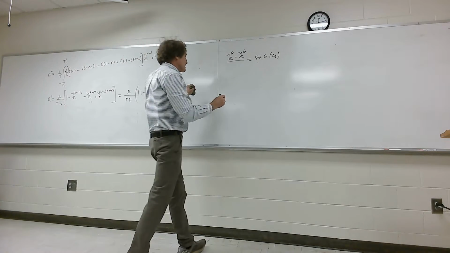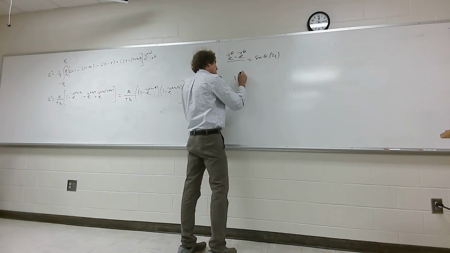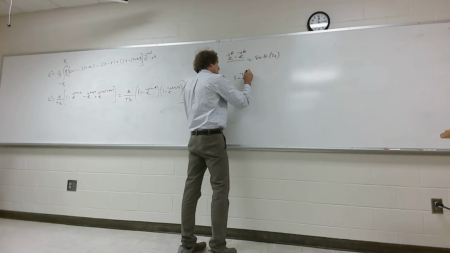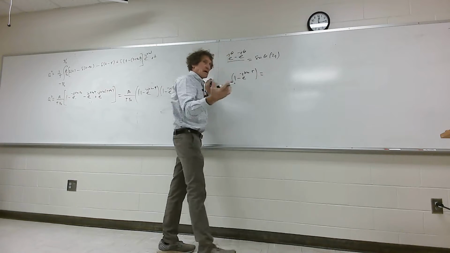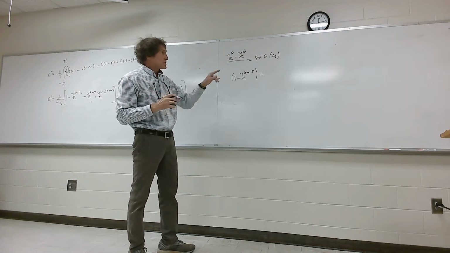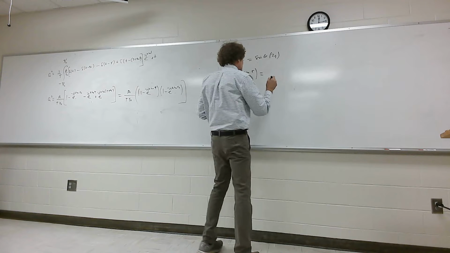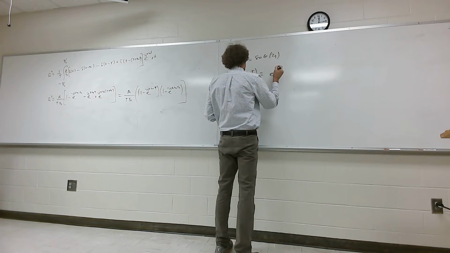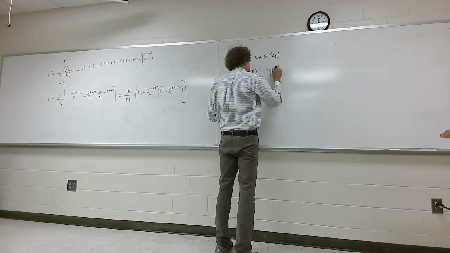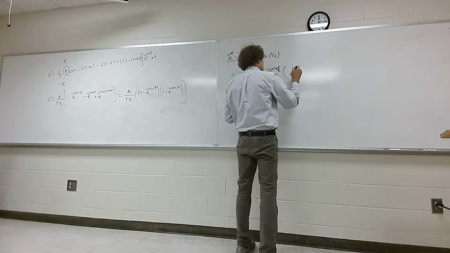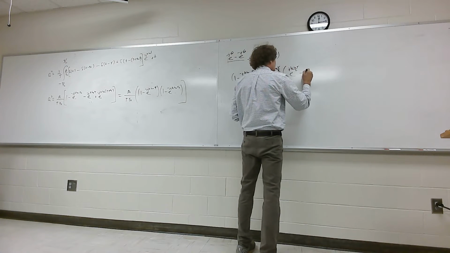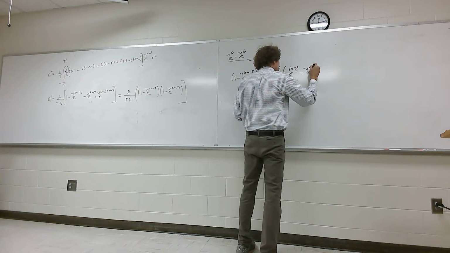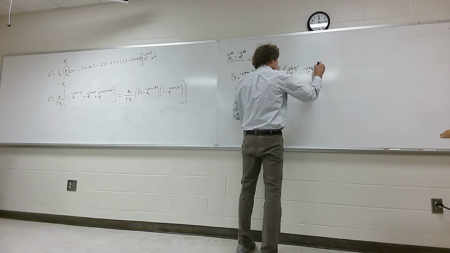I'm going to take these terms. First term, 1 minus e to the minus j n omega naught tau. I'm going to factor something out so I can put it in the form of that sine. So I factor out an e to the minus j n omega naught tau over 2. When I get that, I get e to the plus j n omega naught tau over 2 minus e to the minus j n omega naught tau over 2. Y'all follow me on that?